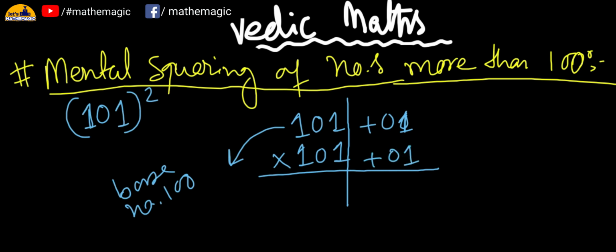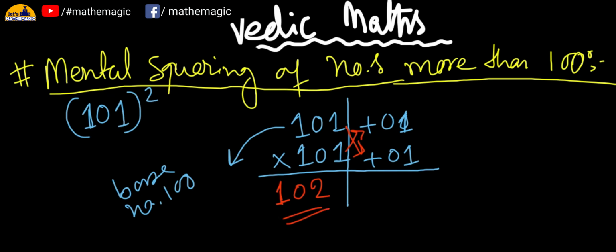Since the plus sign is over there and it is greater than the base, I am going to do the cross addition, not cross subtraction. If I am doing the cross addition, 101 plus 01, the answer will be 102.